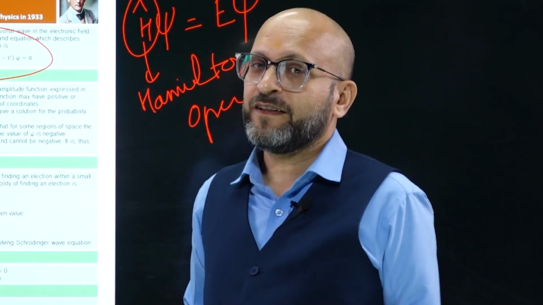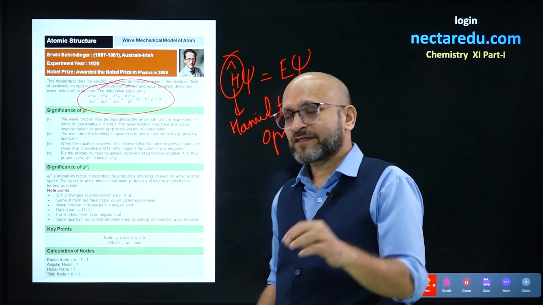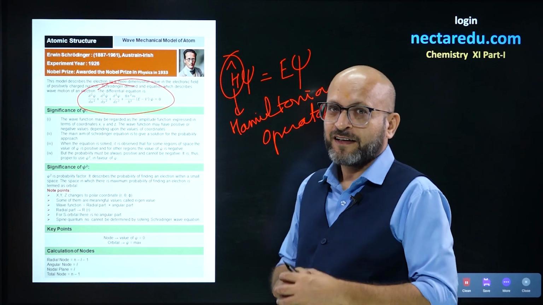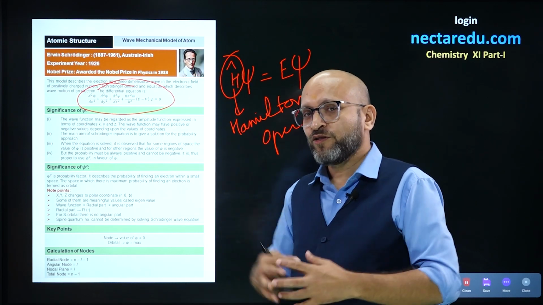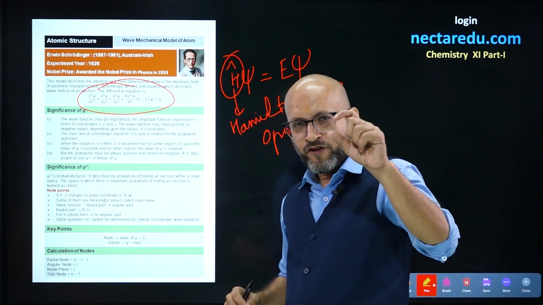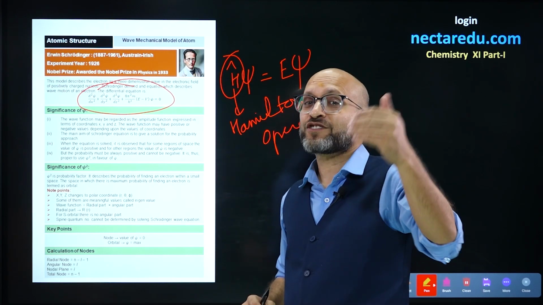For probability prediction, we have to consider that psi is basically the wave function. Psi can have a positive value or a negative value, but for prediction we have to consider psi squared.